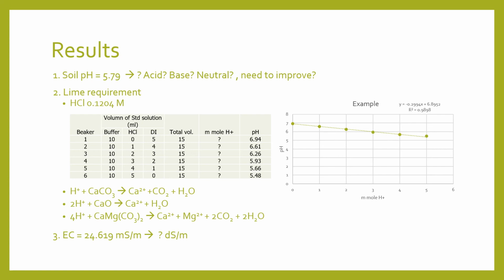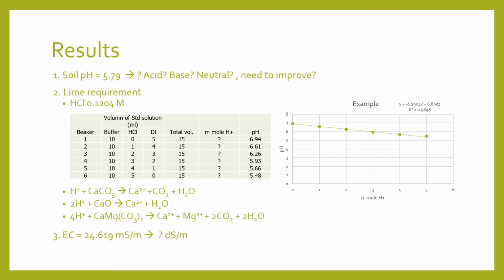And for the second part, the lab requirement, I have shared in Microsoft Teams. All the results are in the Microsoft Teams. Each student has to plot the graph of the standard hydrogen ion versus pH, and then determine the millimole of hydrogen ion in soil sample.